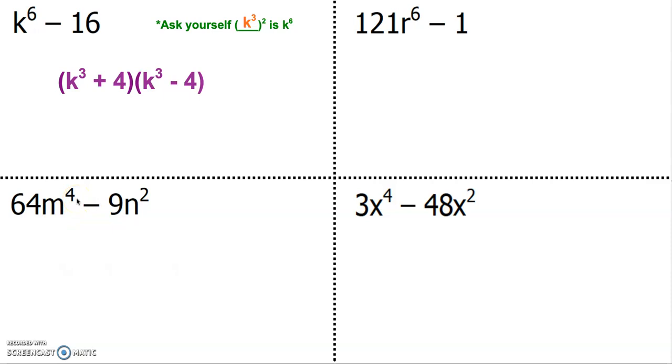What times itself would give you m to the 4th? Well, m squared times m squared would be m to the 4th, and that is something times itself, which is squaring it. N squared would be n times n. So we have 8m squared plus 3n, 8m squared minus 3n. These last two problems are on your own.